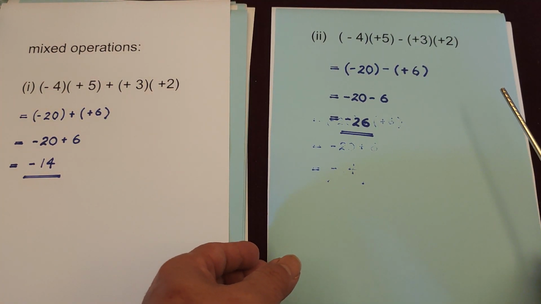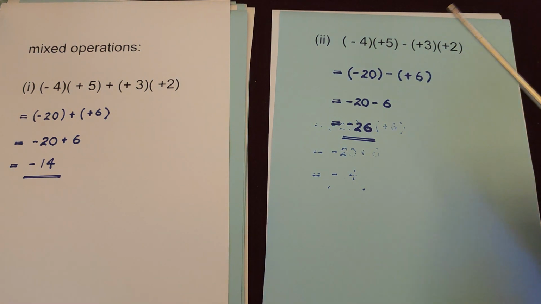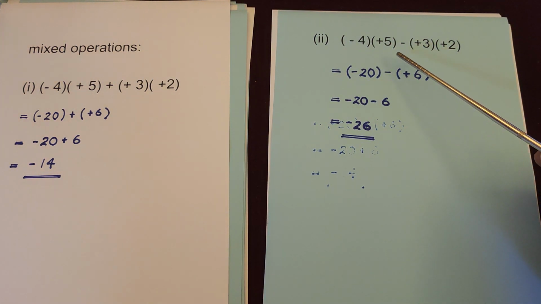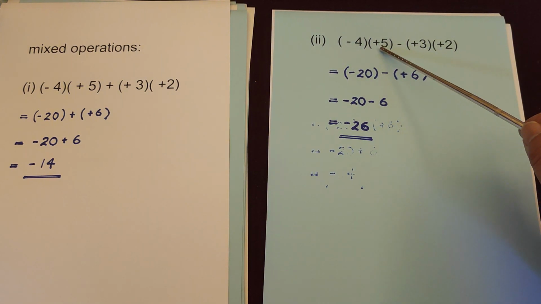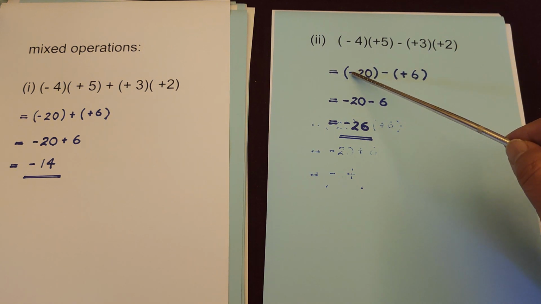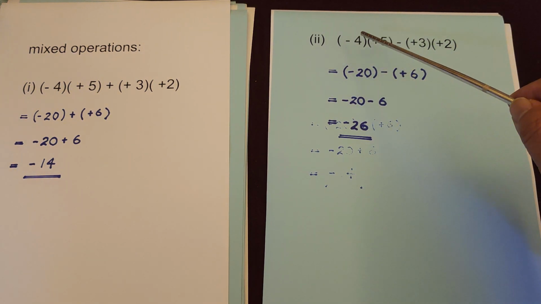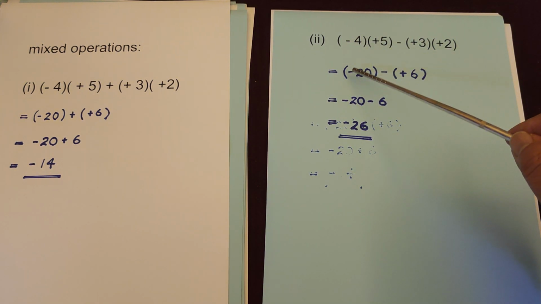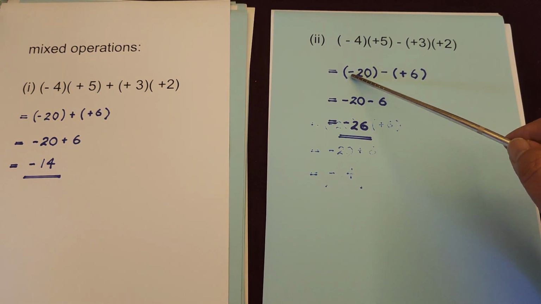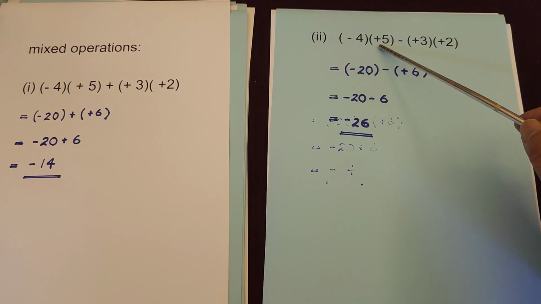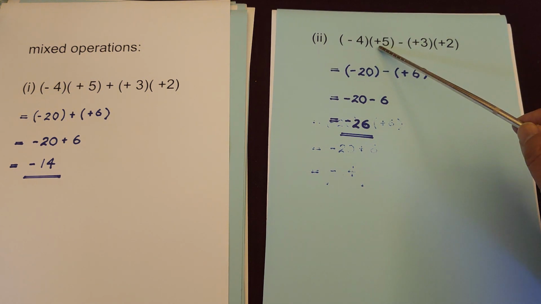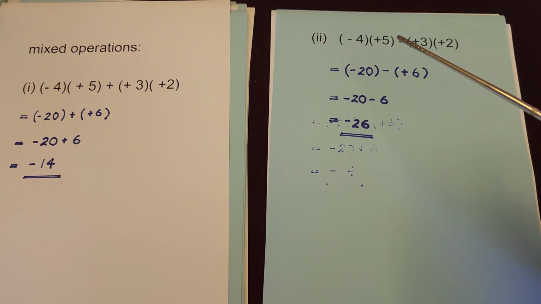Okay, one more example. Negative 4 times positive 5, and then minus positive 3 times positive 2. Here the signs differ, so we have a negative result, or we can say that the first number is negative, so the sign of the answer reverses that of the second, from positive to negative.